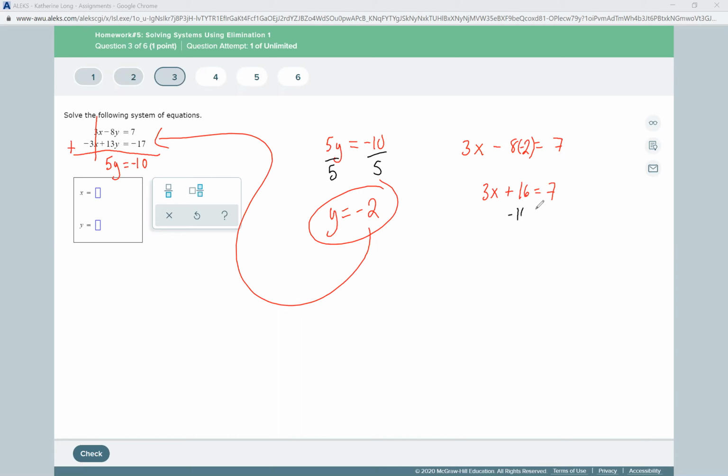I'll go ahead and subtract 16 from both sides. So I get 3x equals -9. Divide by 3, and I got x equals -3.